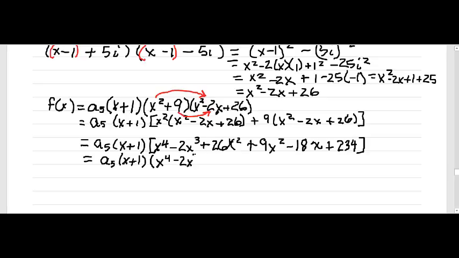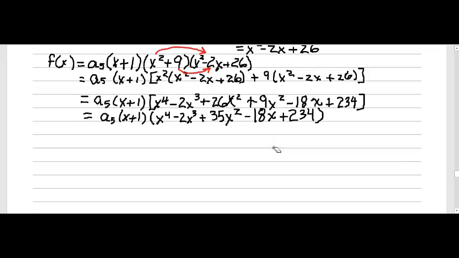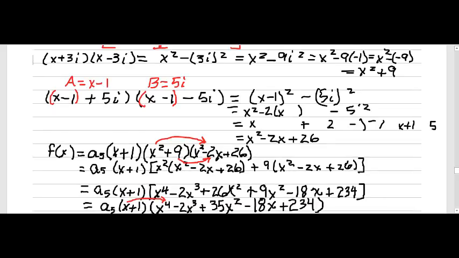And I combine like terms, carry out that double use of the distributive property, combining like terms. I get x to the fourth minus 2x cubed plus 35x squared minus 18x plus 234. And that gets multiplied by x plus 1 and times our a sub 5. And now I'm going to use the distributive property twice again.